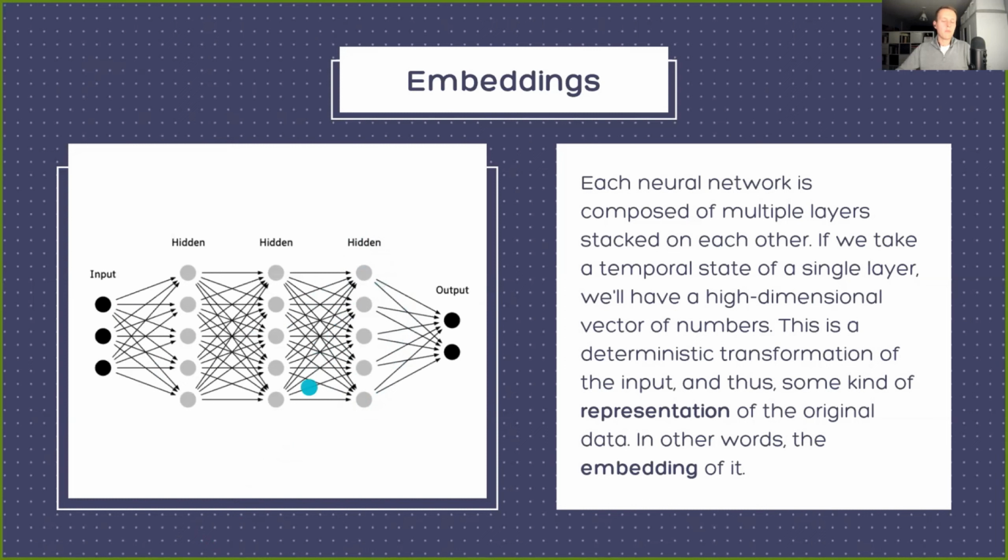The temporary hidden state of a particular layer is typically called embedding or encoding. And that's, as already mentioned, a different data representation hopefully capturing some useful pieces of information. So that's something that we heavily rely on while working with similarity learning.